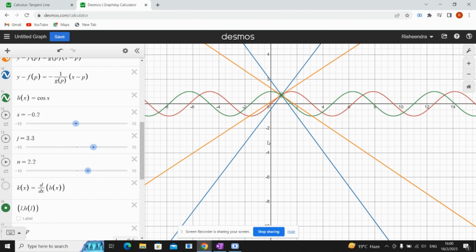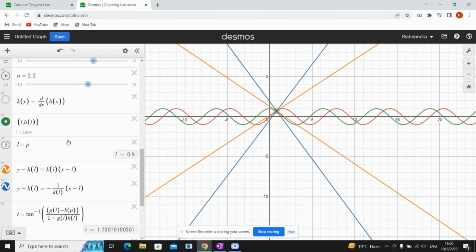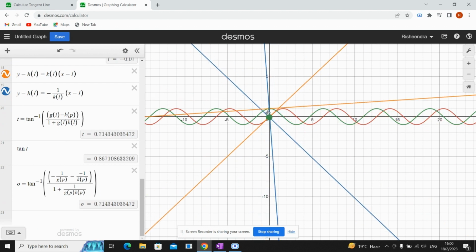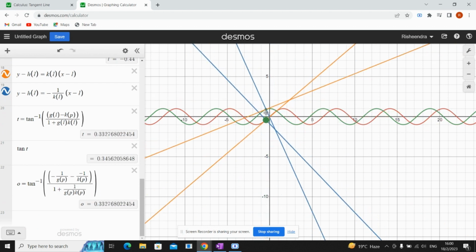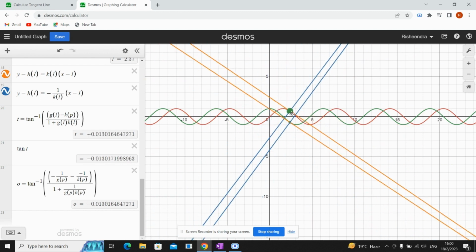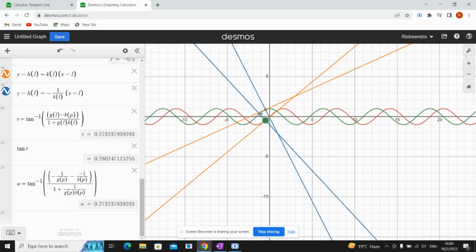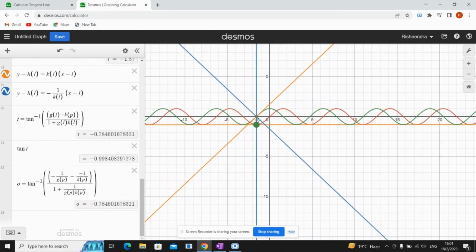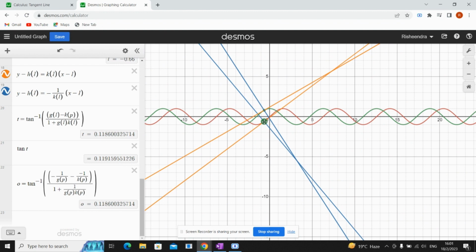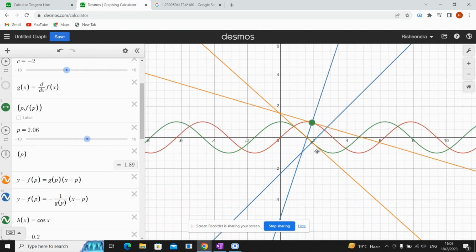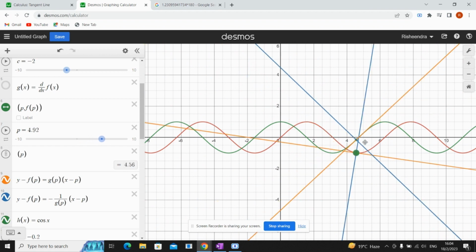Cos x. Wow. Look at here. See, same, even if you take cos x and sin x, the angle between the secants and the angle between the tangents is the same. See how the secants and tangents are rolling over these curves.